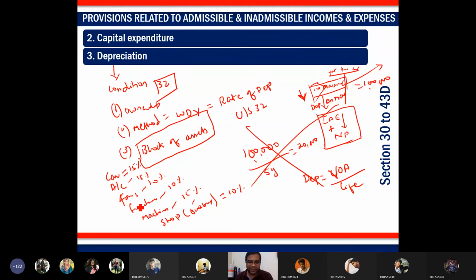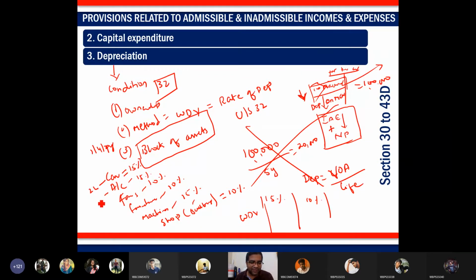So what I should do is, instead of charging depreciation on each and every asset, let me classify all those assets which come under the 15% category, the 10% category. Let's total their WDV, their written down value. As on 1st April of the previous year, what is the value of the car? Let's say the value of the car is 2 lakhs.